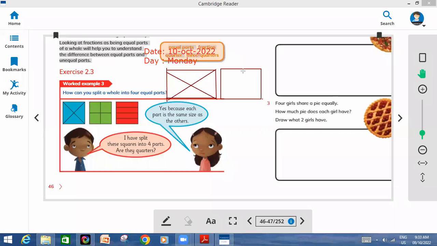So I'm going to divide it first of all half, and the second line will make it quarter, four equal parts, 1 2 3 4. Okay, so let's move on to the first question of our exercise.